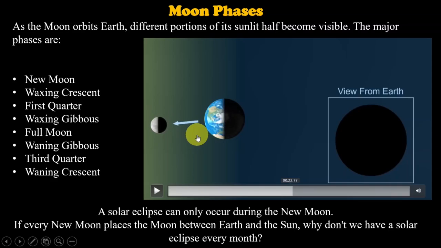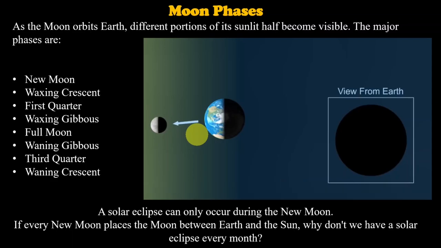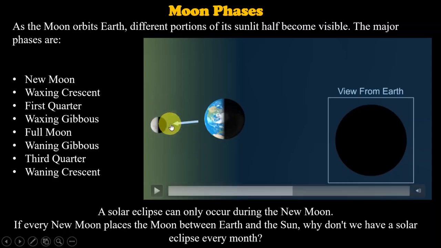When I introduced this topic, I said it is the shadow of the moon cast on Earth that we experience as eclipse. In some textbooks they don't even emphasize the shadow. They will just tell you eclipse happens when the moon crosses between the sun and Earth. And now it is crossing.